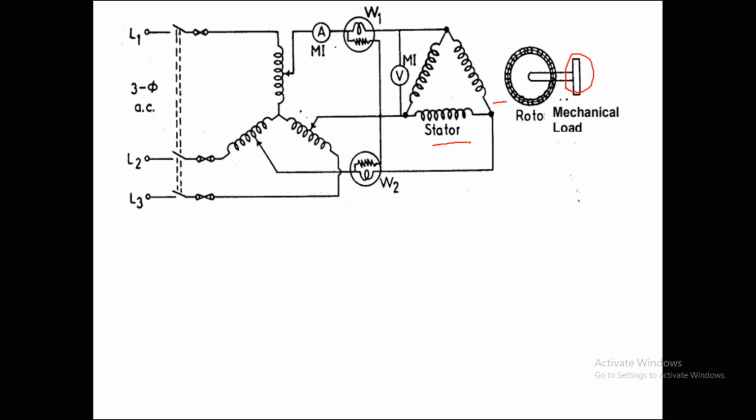There we are going to have a connection with the supply mains terminals. Here L1, L2, L3 indicate the supply mains terminals, and in this picture we can see the connection of these supply mains terminals with the stator field winding terminals via an auto transformer starter.